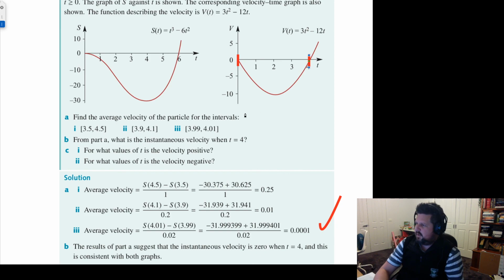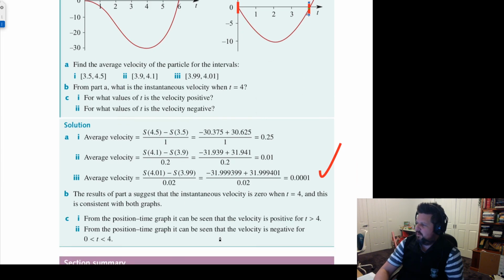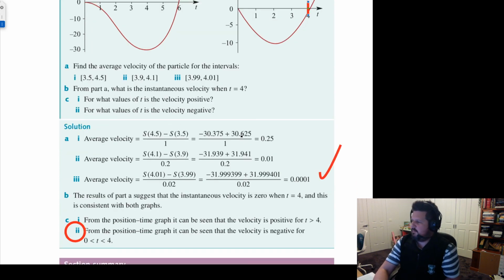So for what values of t is the velocity negative? It's negative between 0 and 4. On the other hand, you can look at the graph and see where it's positive. It's positive in this section, so greater than 4 is where it's positive.